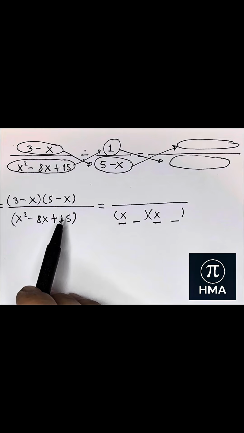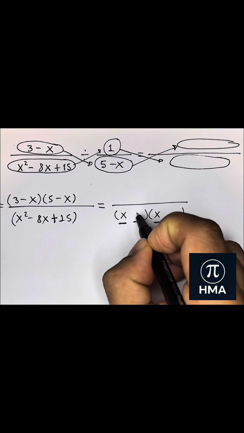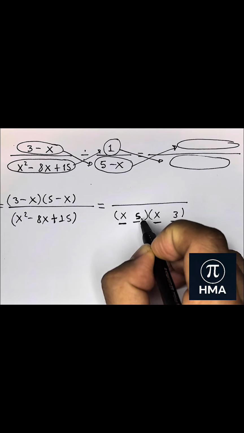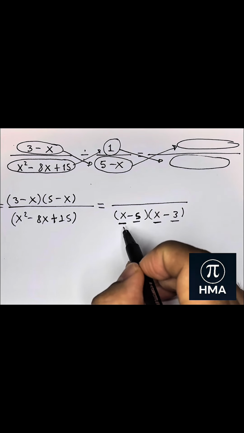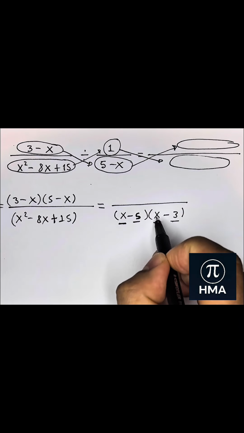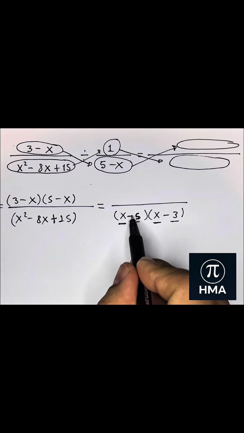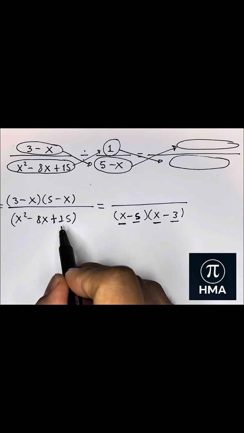And if you sum them up, they should give you 8. So in this case I will use 5 and 3, because 5 and 3 give me 8 if I add them together, and as we said before, they should be negative. Let's check this. x by x gives x squared. This is correct. And minus 5 by minus 3 gives you 15. So this is correct.